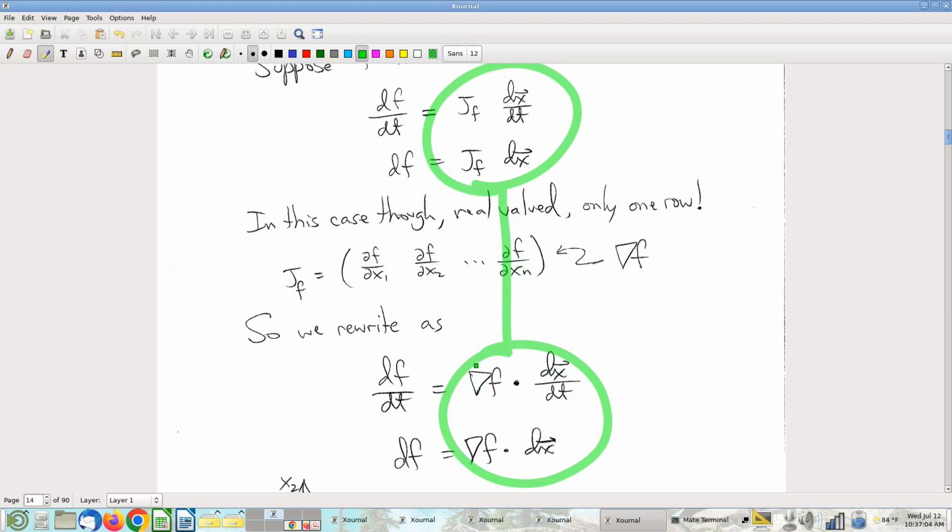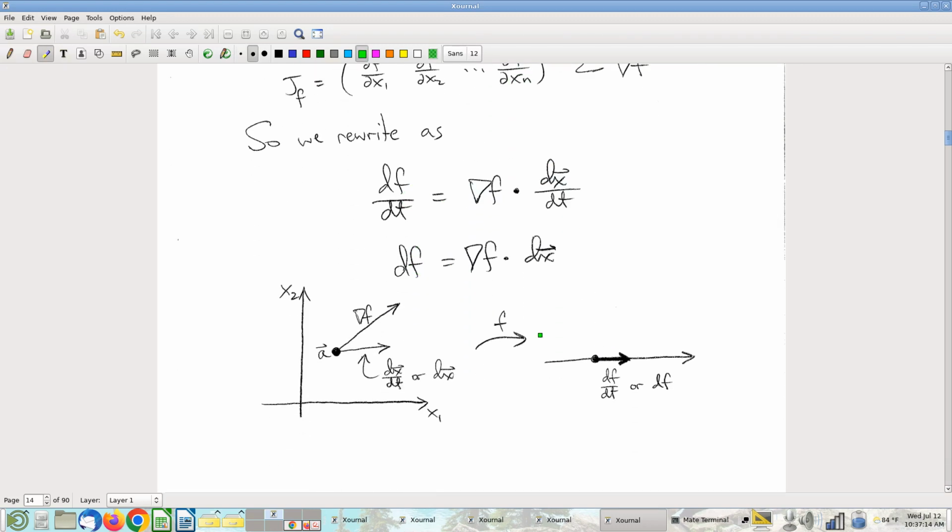If there's only the one row, then it's literally just a dot product. So what we have then is an alternative point of view on the chain rule. Very useful in some circumstances. But nothing new. It's just a new angle. It's a new take, right? It's really just a special case of the chain rule.